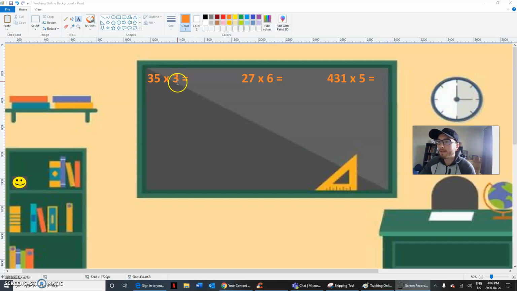When we're working with 2-digit by 1-digit multiplication, just to start as we're learning, we're going to look at each place value and multiply each place value, and then figure it out all together at the end. So let's look at the first place value. We're going to look at 5. The 5 is in the 1's place value, and we're going to multiply that by the 3.